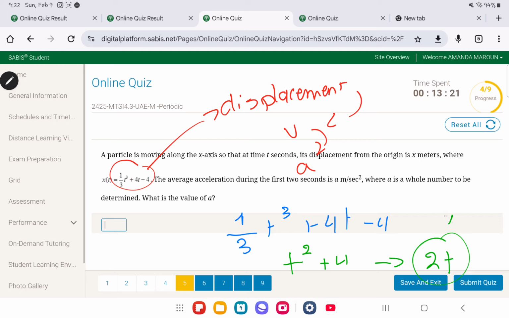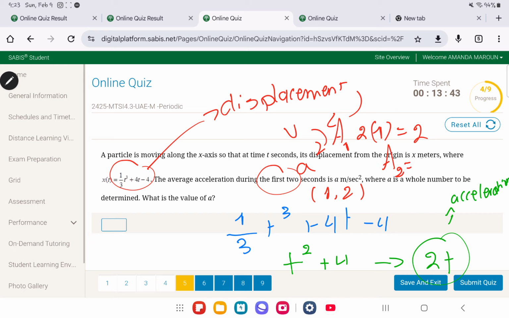So this over here is the equation of the acceleration. Now, they want us to find what? The acceleration during the first 2 seconds. So second 1 and second 2. So you're going to take it as 2 times 1, which gives you 2. This is acceleration 1. And then acceleration 2 is going to be 2 times 2, which is 4.